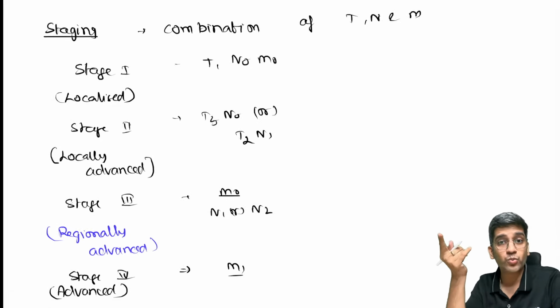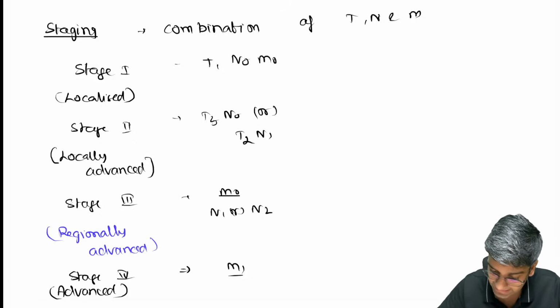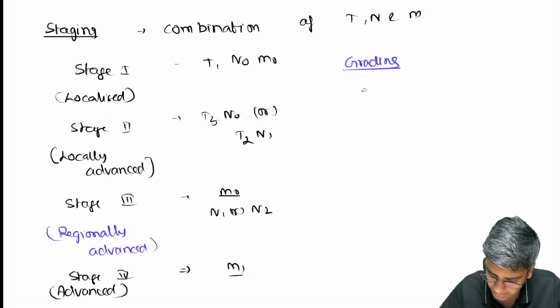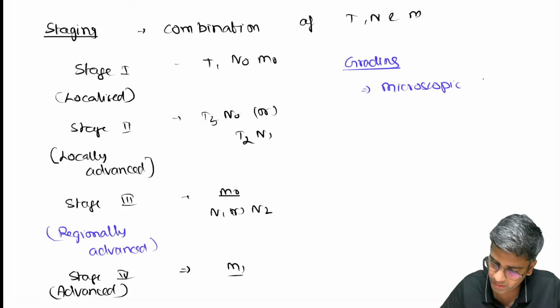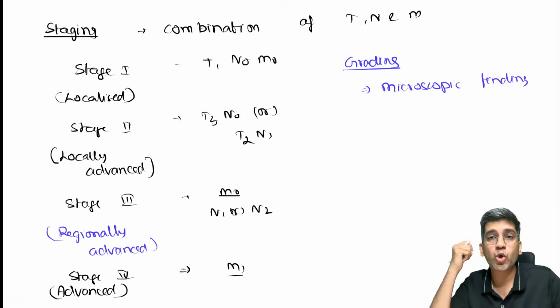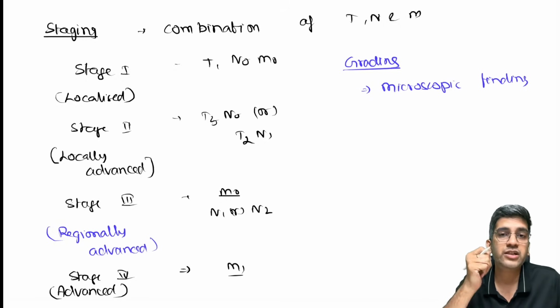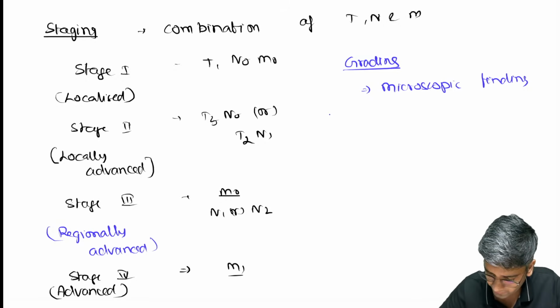The next question was, what is grading? Grading, as Siddhi already said, is a microscopic terminology which tells how closely the tumor cells resemble the tissue or cell of origin, right?